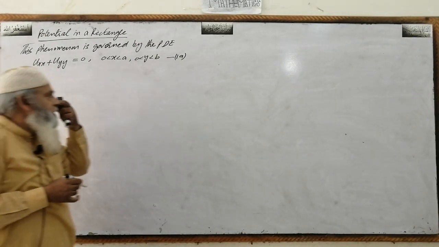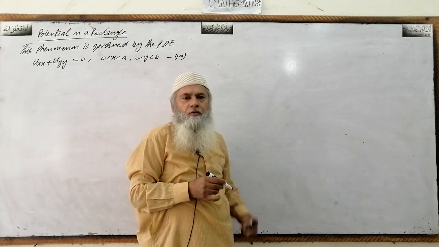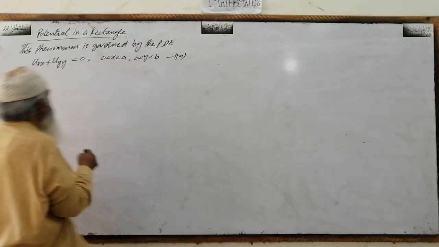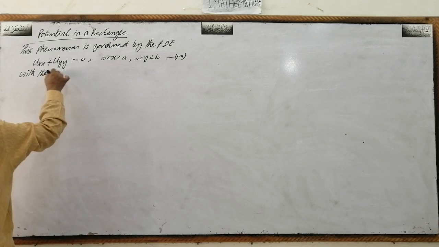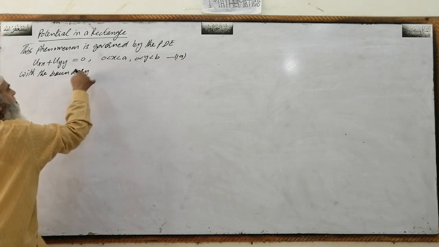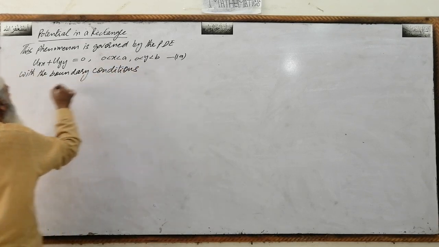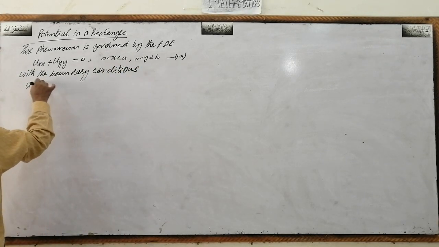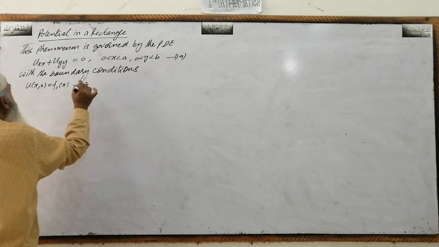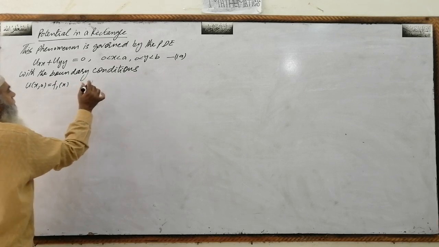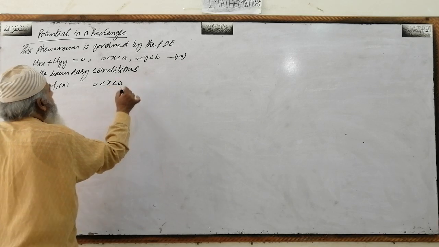The phenomenon of potential in a rectangle is governed by the partial differential equation u double x plus u double y is equal to 0 with the boundary conditions u(x,0) is equal to f1(x), where x lies between 0 and a.